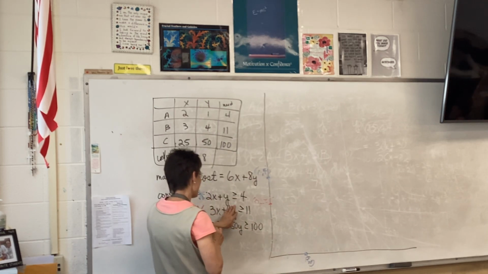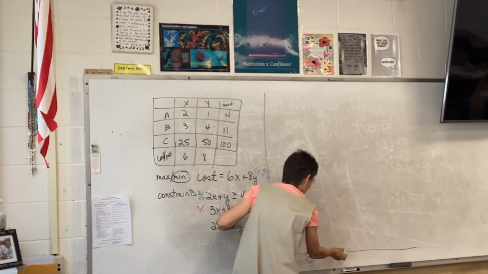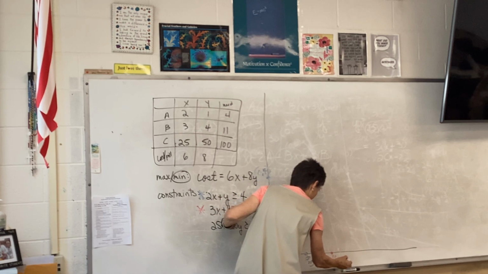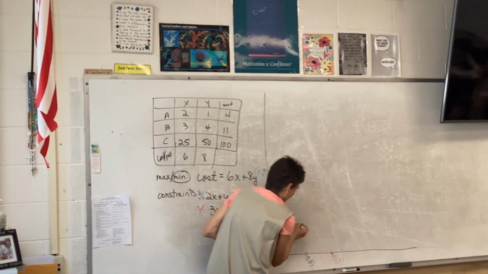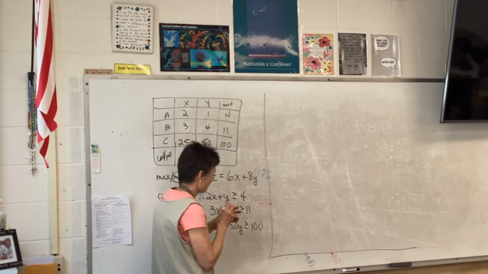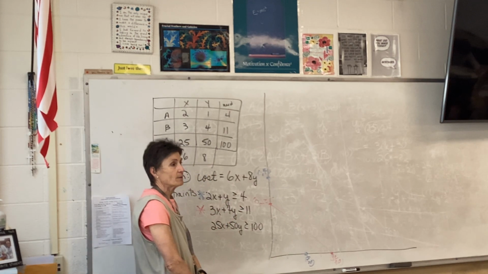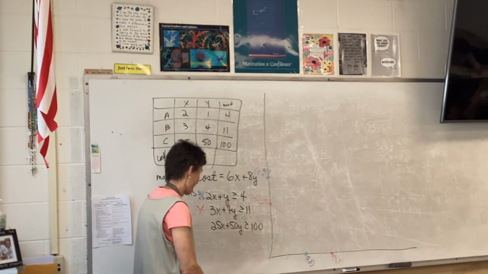And if y is 0, x is 11 thirds, which is 3 2/3. Don't be alarmed. Okay. Fractions. Connect them. And shaded where? Above.